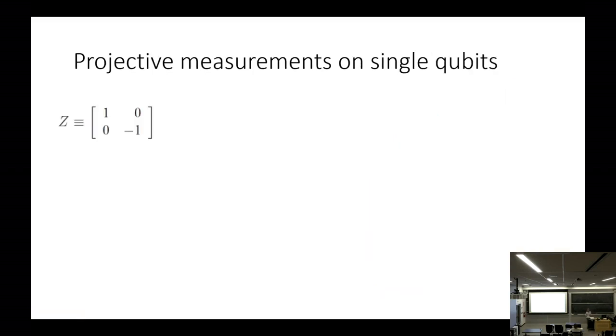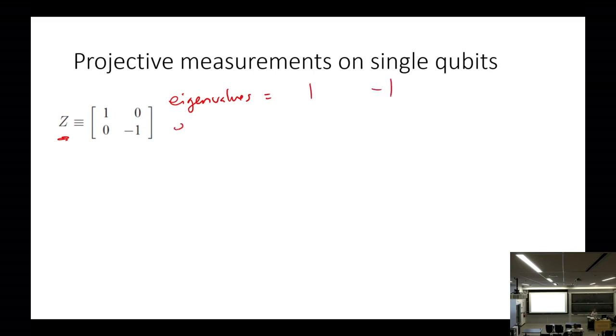So let's look at an example, just for completeness' sake. If we look at a measurement on a single qubit, let's think about measurement of the observable Z. So what are the eigenvalues of Z? 1 and -1.